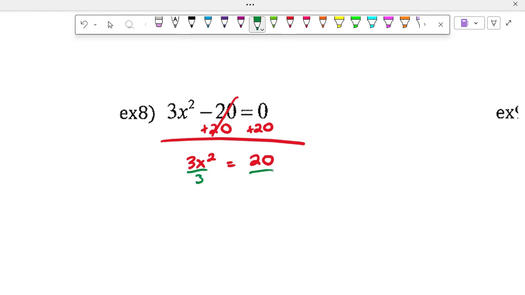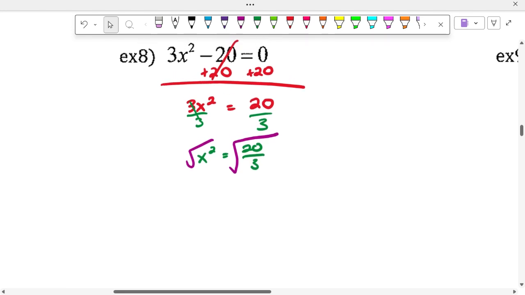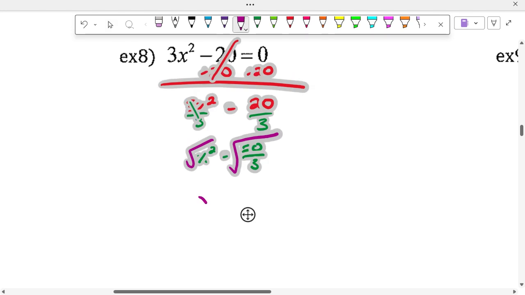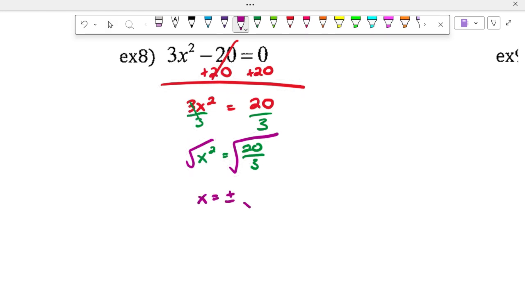Divide by 3. So x squared is equal to 20 over 3. Then I can take my square root. So x would equal plus or minus the square root of 20 over 3. However, what did I say we can do to simplify that?